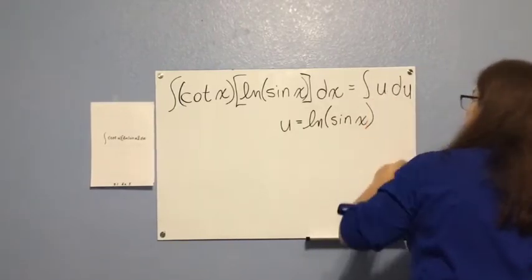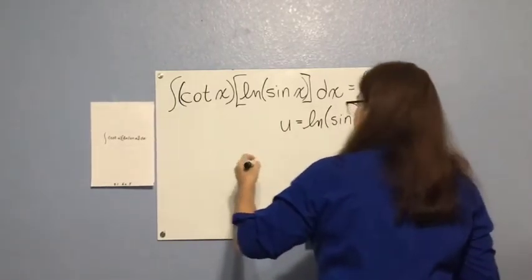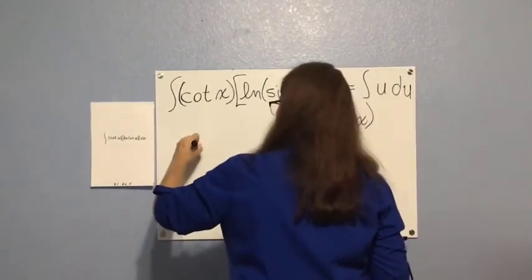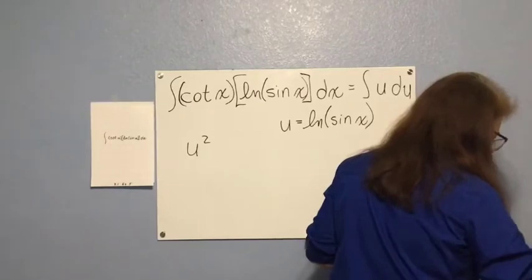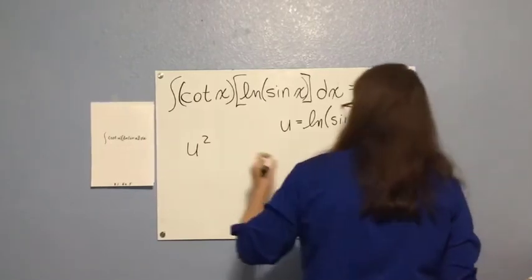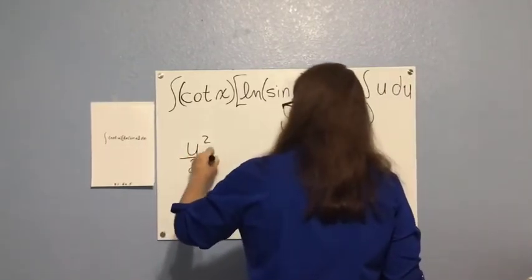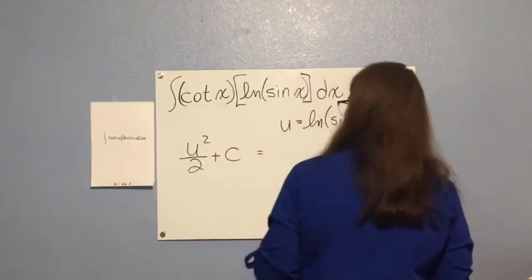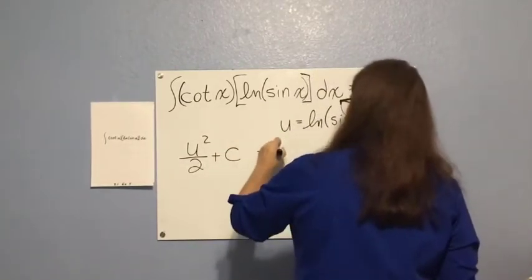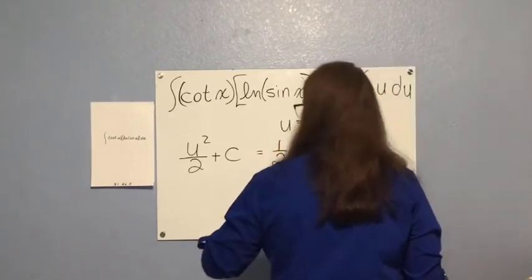Okay, and of course the integral of u is going to be u squared over 2 plus the constant. And now we substitute back. I'm going to bring that 2 out here.